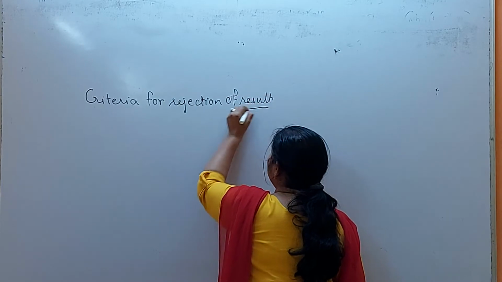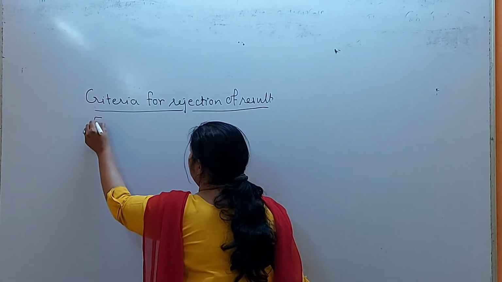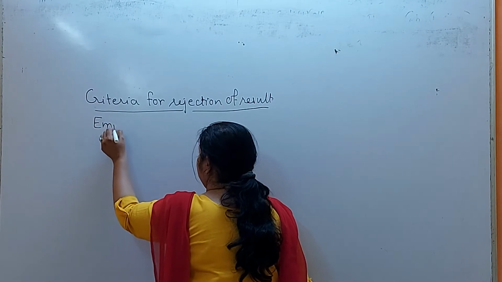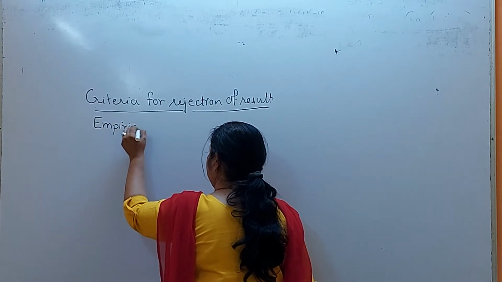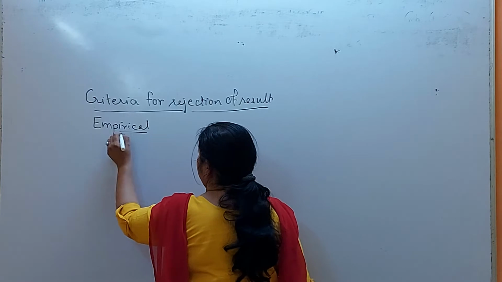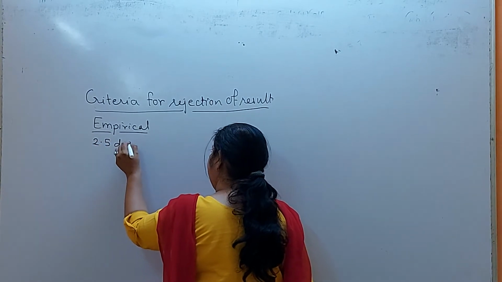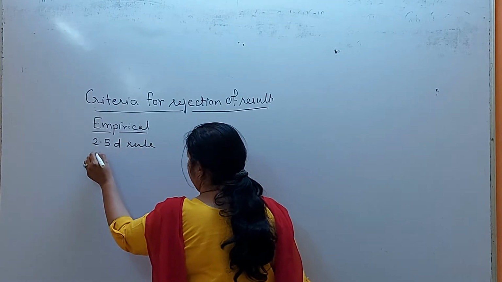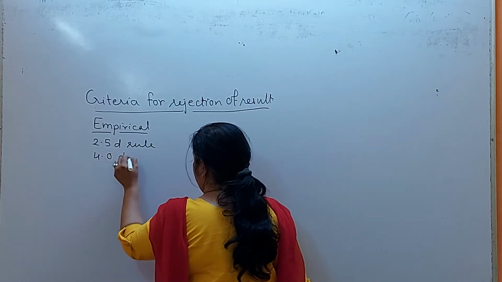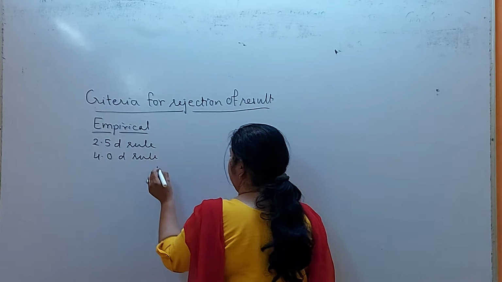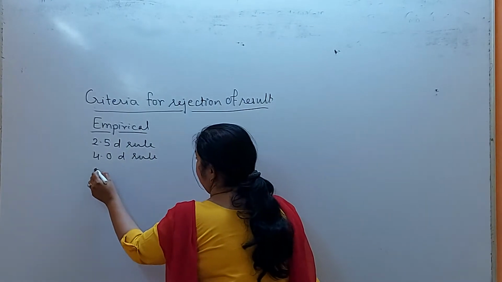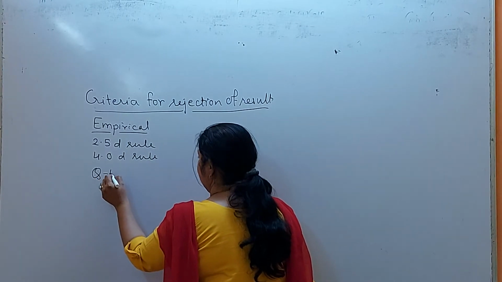Now in this lecture we will be seeing the criteria for the rejection of result. So there are two empirical rules, that is the 2.5D rule and the 4D rule for rejection of data. Apart from that, there is also a test called the Q test.